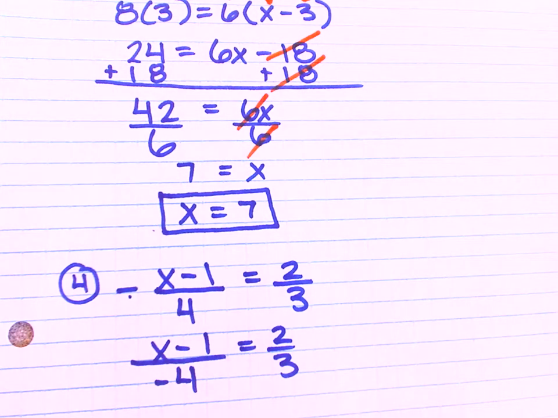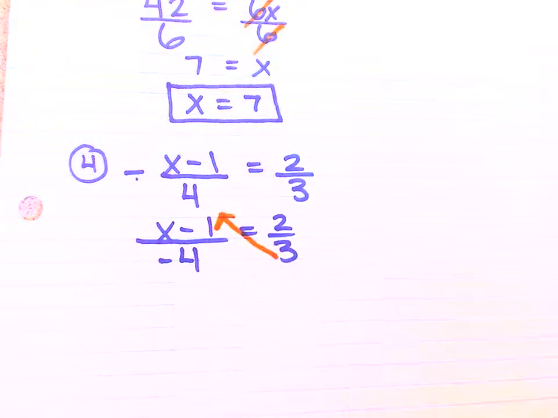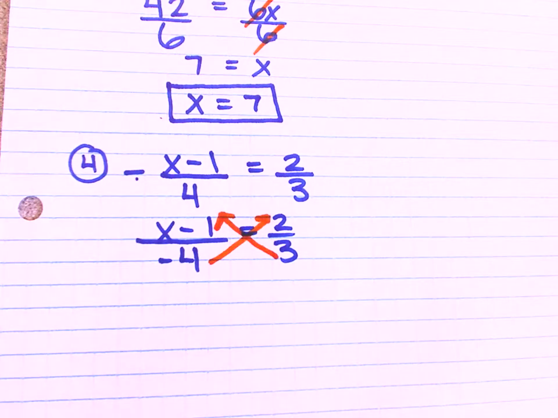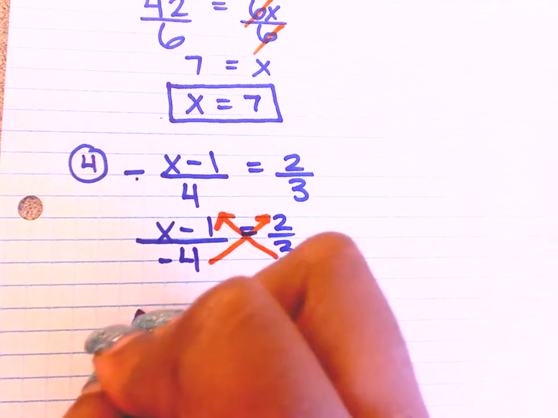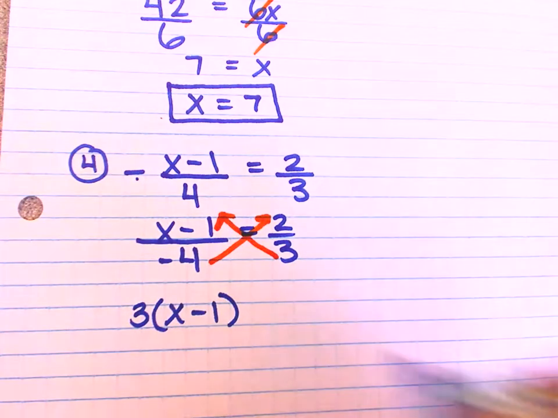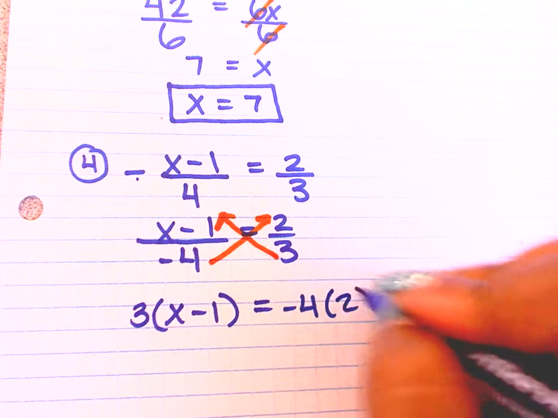Alright, step 1 tells me to cross multiply. So I'm going to multiply 3 times x minus 1 and negative 4 times 2. So on this side, I'm going to get 3 times the quantity of x minus 1. And if I follow my arrows on the other side, I'm going to get negative 4 times 2.